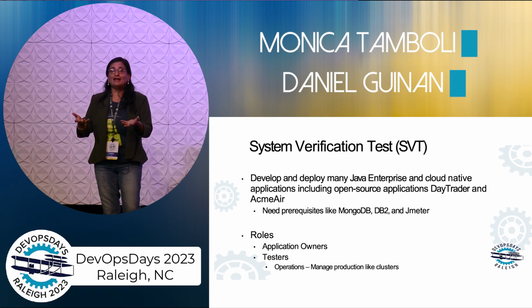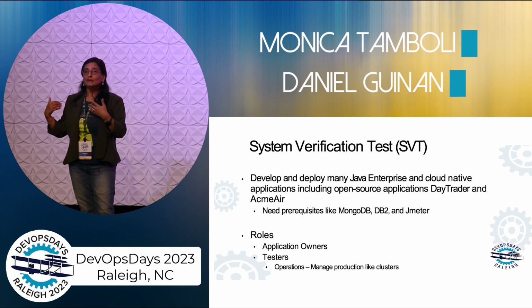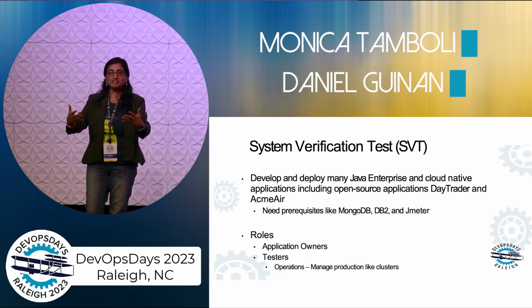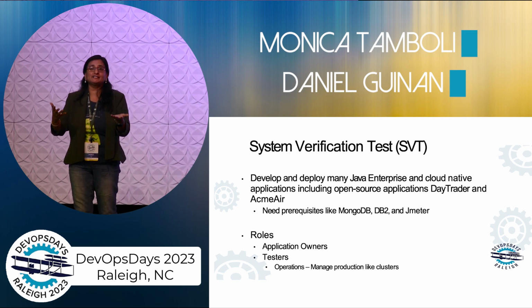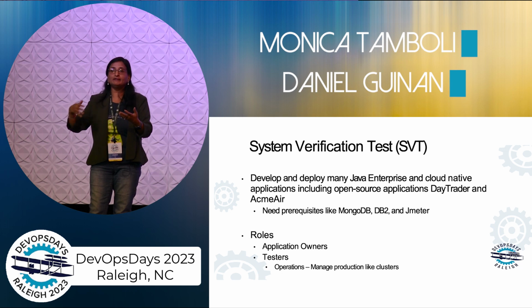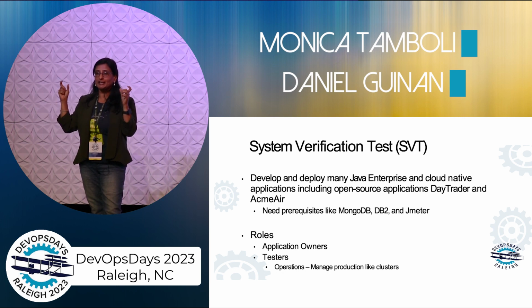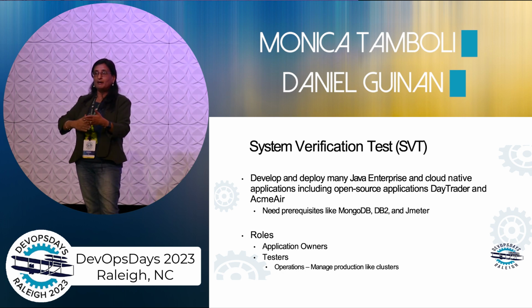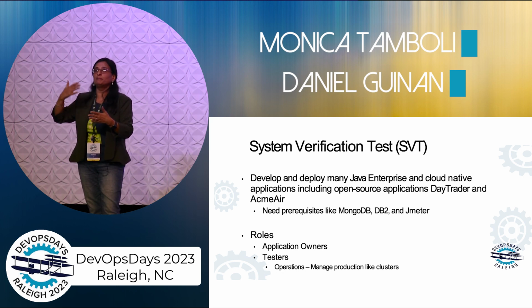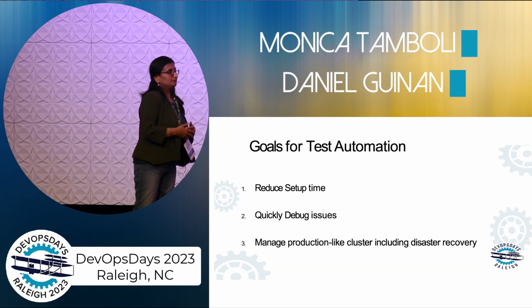Also, we act like any other org: we have application owners who are developers, and testers who are more like an operations team who don't necessarily know about those applications. Their job is to take it, run it, and deploy it. We also have clusters, which we call production-like clusters, which we keep for a long time, upgrading the Kubernetes or OpenShift versions, and making sure applications keep on running.